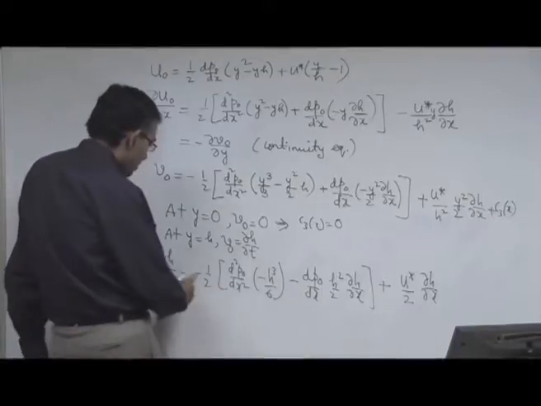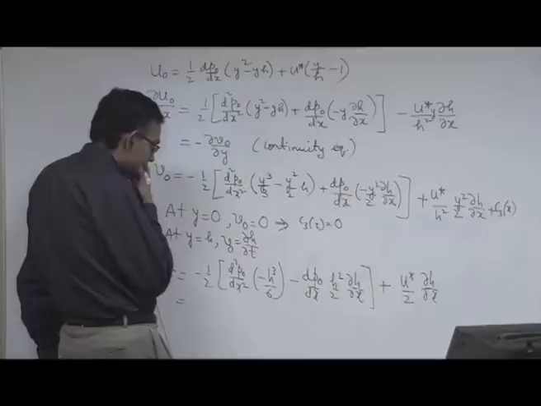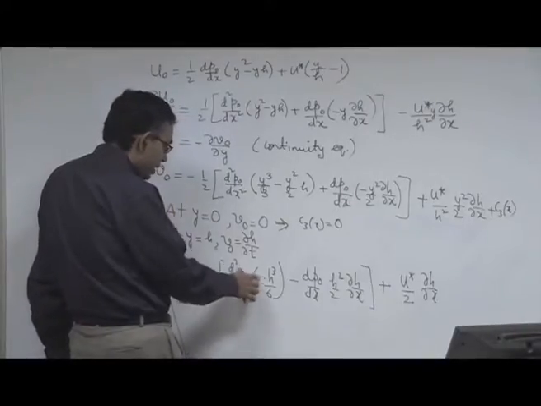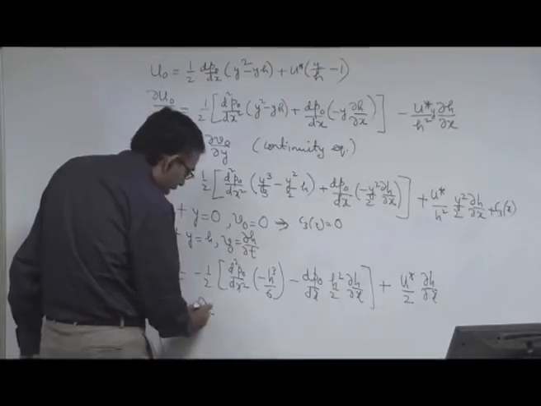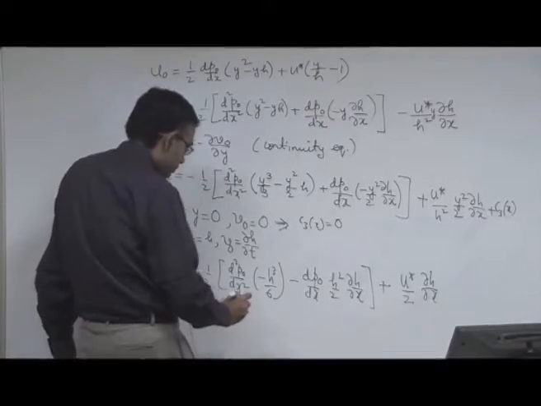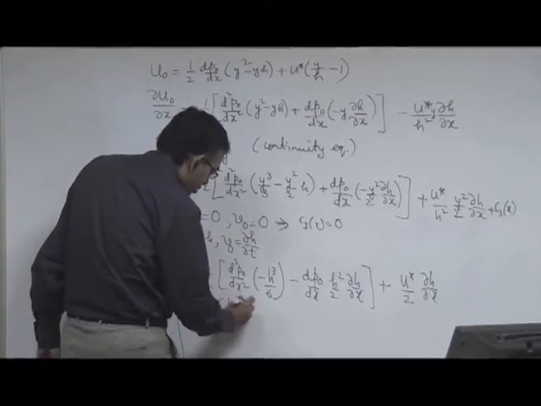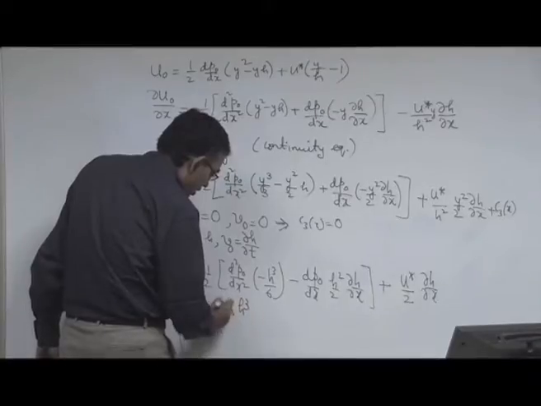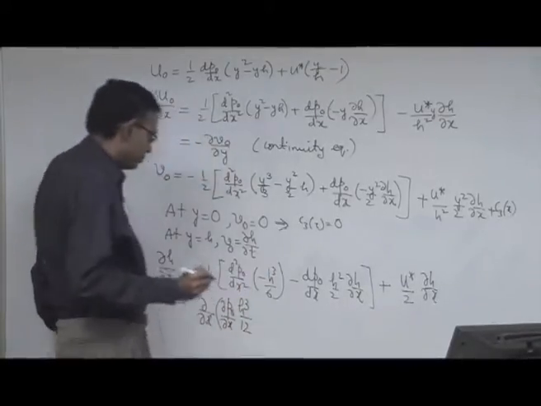So, we can simplify this and write. So, this term will become plus, this term will also become plus. So, we can write this as del x of del p0 del x into h cube by 12.